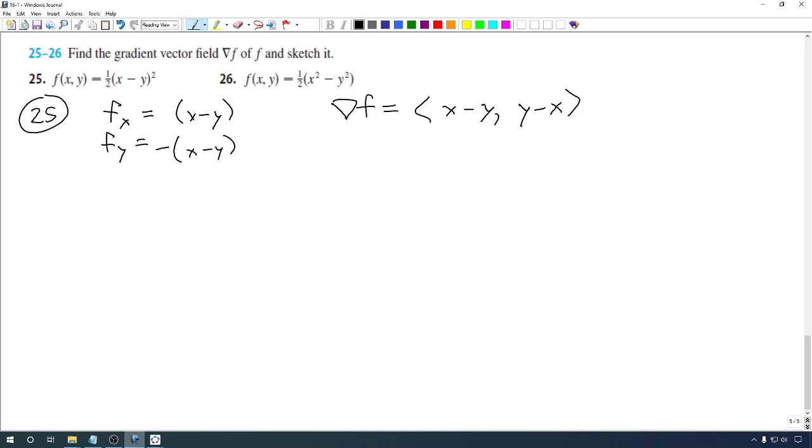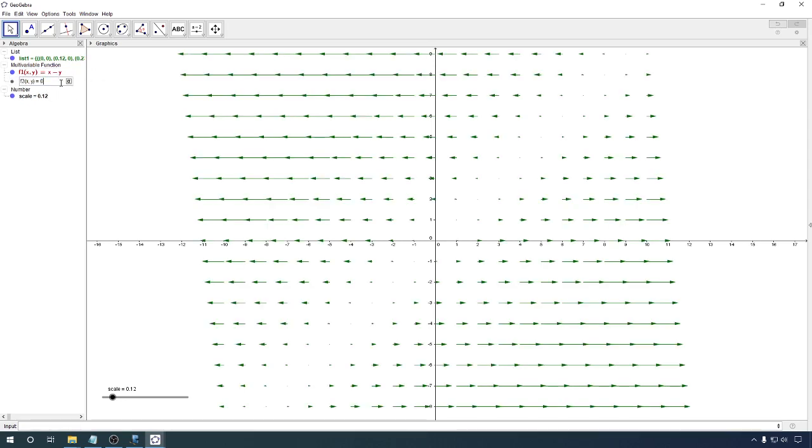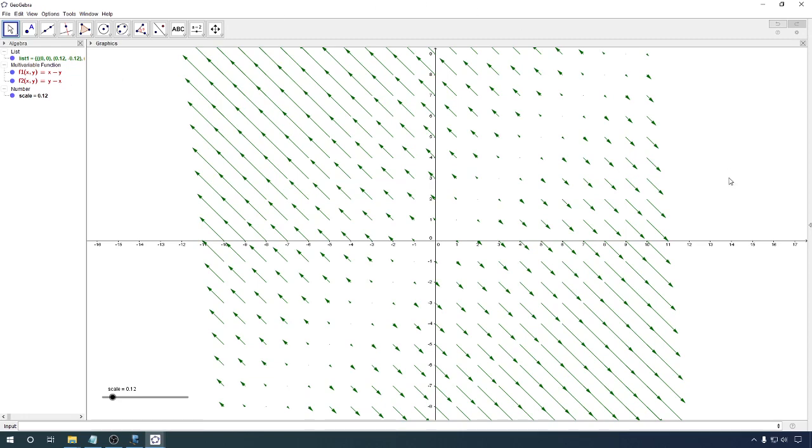If we want to sketch it, however, we're going to change our functions here, kind of keeping the same setup that we had before. We have x minus y, and it plotted the one where the second component is 0, but I need to change the second component to y minus x. And we get this vector field here.